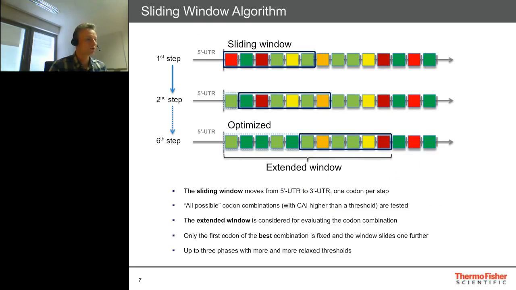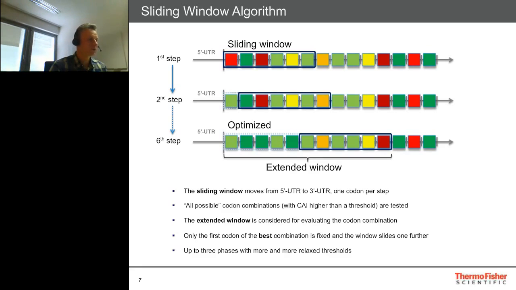And this multi-parameter challenge is solved by our gene optimizer, and we're using a sliding window approach for that. That means we optimize all parameters within a given window, in that we optimize the first codon in that window first, using all available parameters, not only codon optimization, as I said, I'll come to that later.